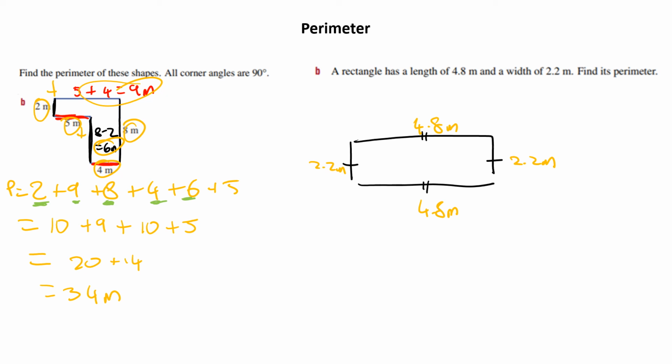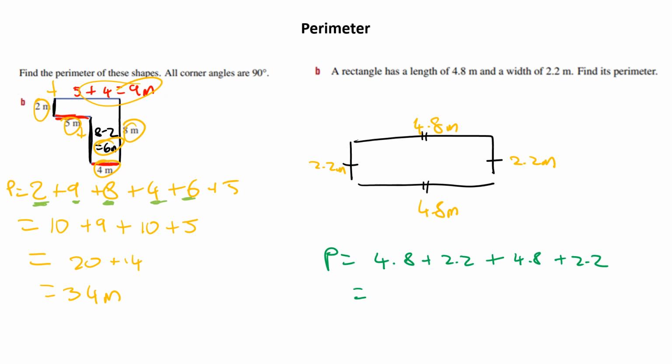So basically what you're getting is something that looks like P equals 4.8 plus 2.2 plus 4.8 plus 2.2. Again, if you're using a calculator, something you could do is 4.8 times 2 plus 2.2 times 2, but I'm not using that at the moment.